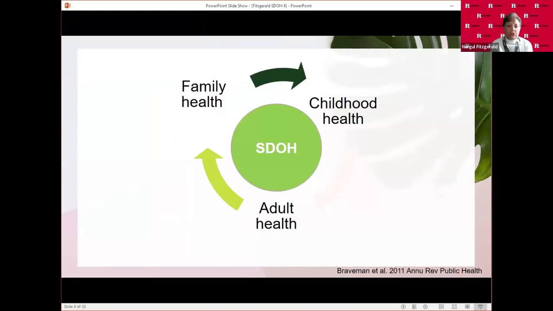All right. So in addition to the multiple layers, multiple ways that these social determinants of health can affect the health behaviors, health conditions, and health outcomes in the end, there is another very important aspect of understanding social determinants of health. It is the cyclical and intergenerational aspect of this concept.